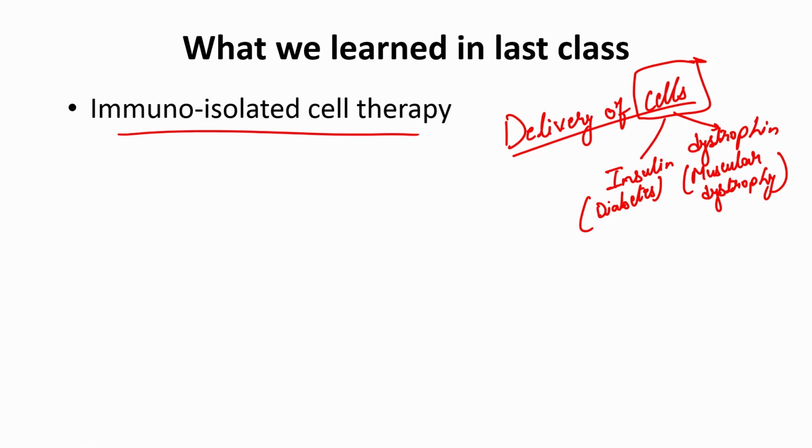In terms of delivery of cells, we talked about certain parameters, because most of the time the cells you will get will be from some foreign source. Essentially any source of cells could be divided into three categories. One is autogenic, second is allogenic, and the third is xenogenic.